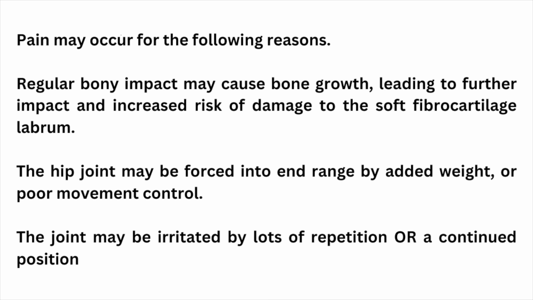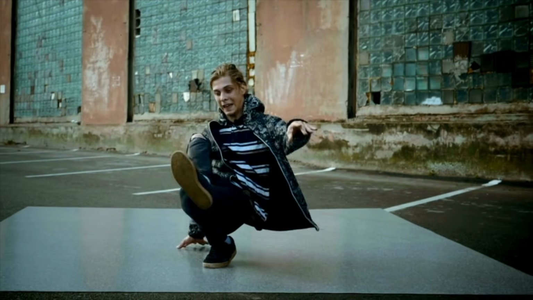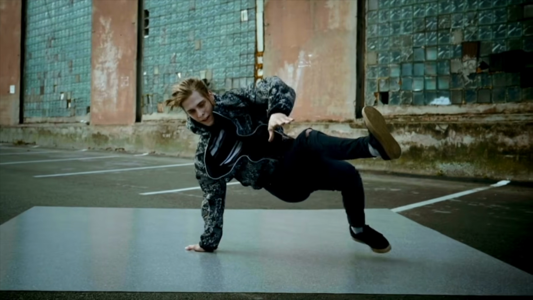Pain may occur though for the following reasons. Regular bony impact may cause bone growth, leading to further impact and increased risk of damage to the fibrocartilage labrum. The hip joint may be forced into this end range by added weight or poor movement control. The joint may be irritated by lots of repetition or a continued position.